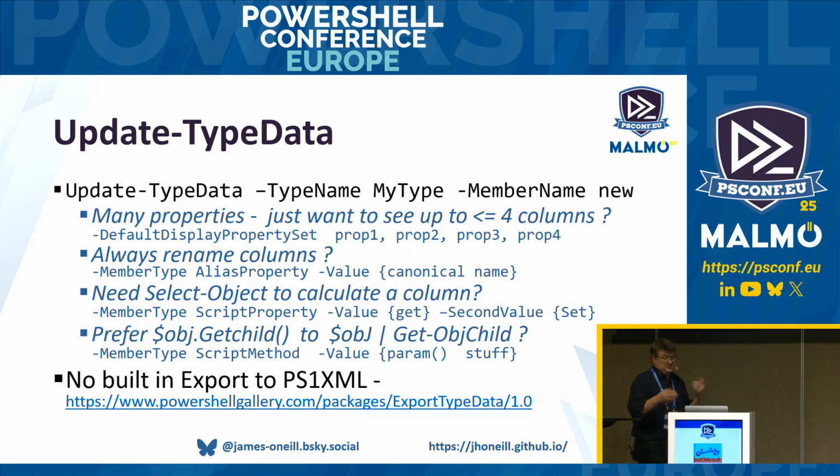So update type data, we can say, update type data, this type, and we're going to add a member with a new name. And then we can either say, I want this to be the default set of properties you display. So I've not got any formatting information apart from display these 4 or fewer properties. If we want a table, if we say more than 4 properties, we'll get a list. And you can change that number, but there's some awkward mucking about in XML to do it.